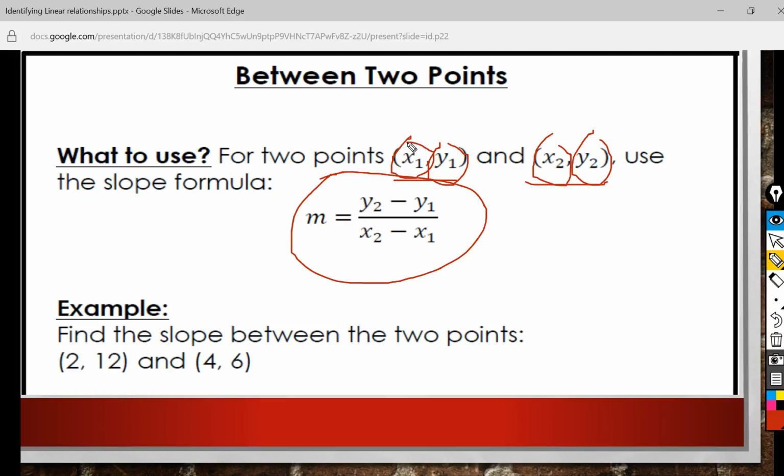So in this example right here, it says find the slope between the 2 points. It gives you 2, 12 and 4, 6. The first thing you always do in these types of problems is label the y's and x's for your formula.